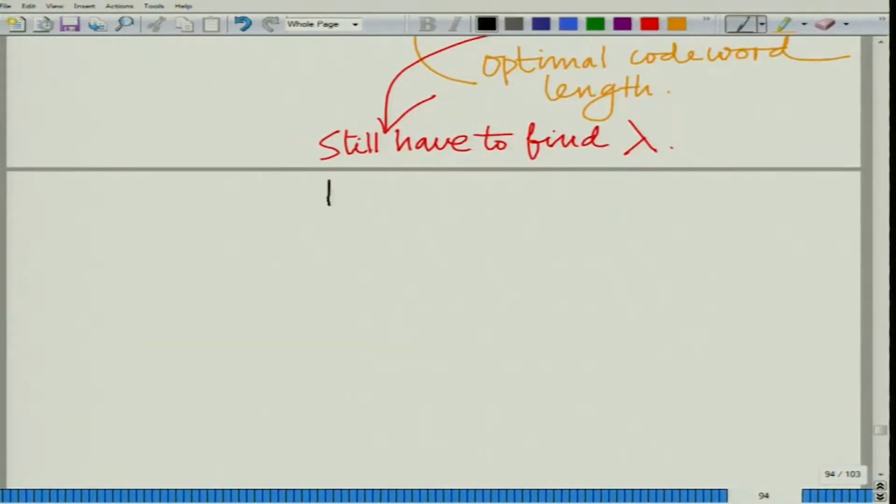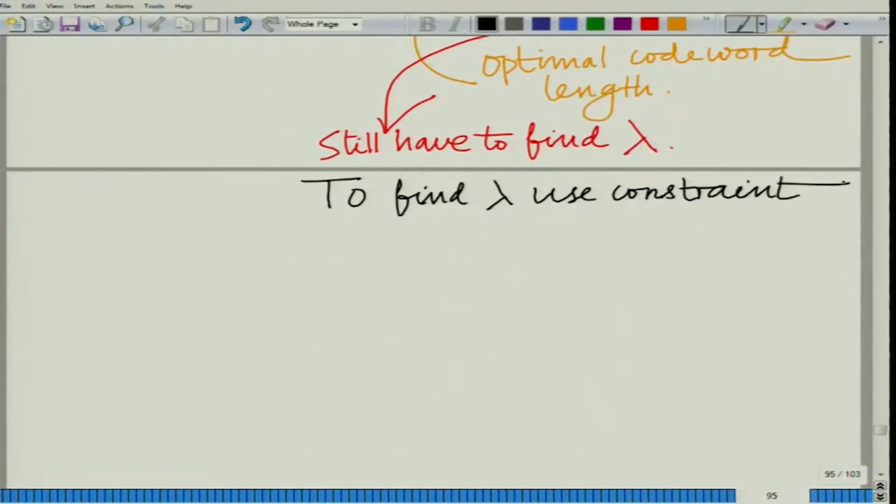To find lambda, we use the constraint, that is summation i equal to 0 to m minus 1 of 2 to the power of minus li is equal to 1.